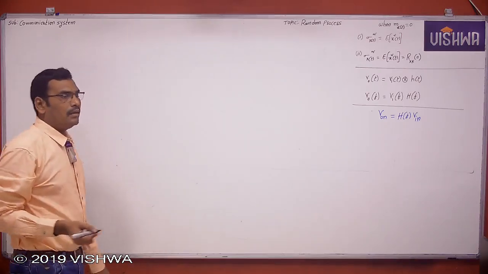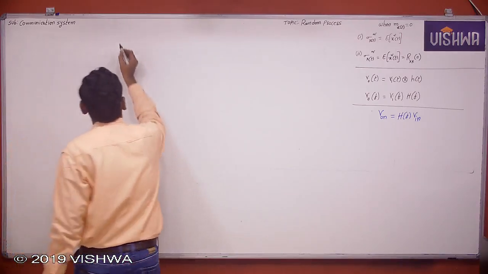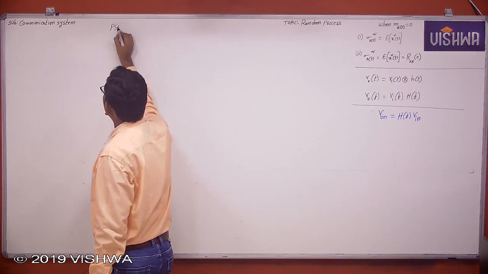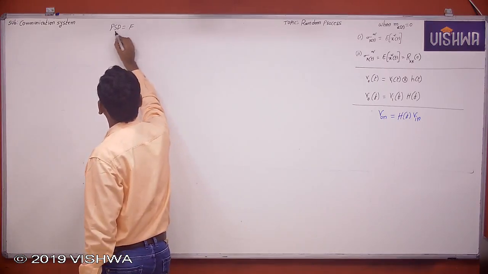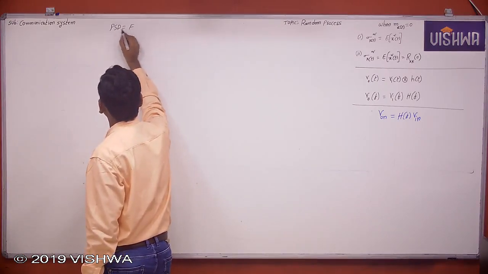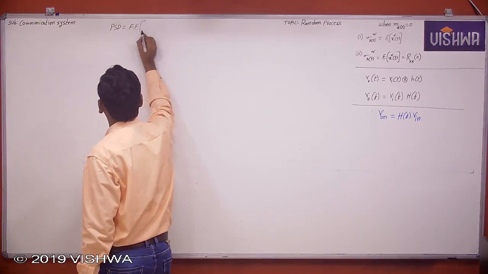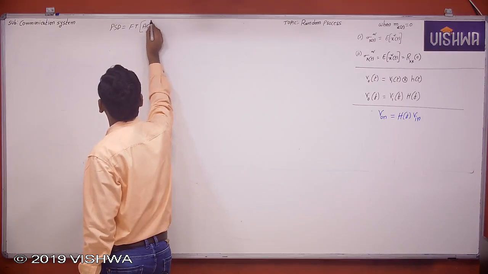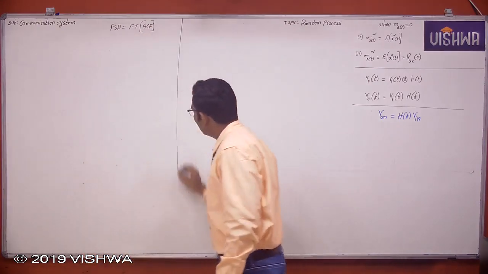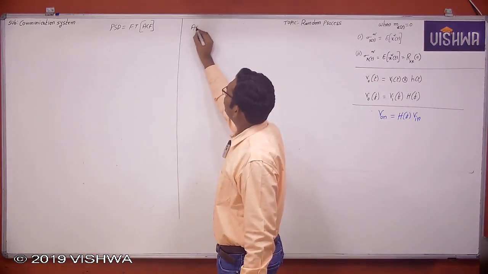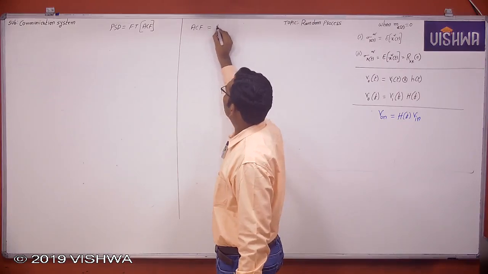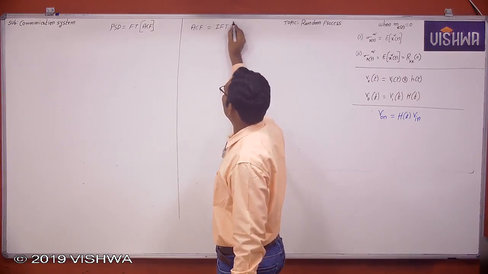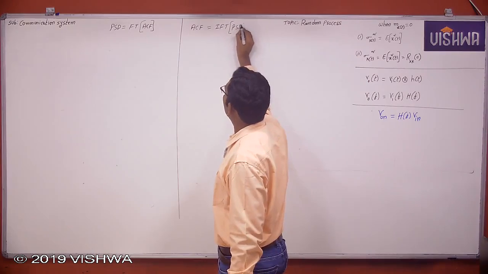Now, the relation between power spectral density and autocorrelation. The power spectral density is the Fourier transform of the autocorrelation function, and the autocorrelation function is the inverse Fourier transform of the power spectral density.